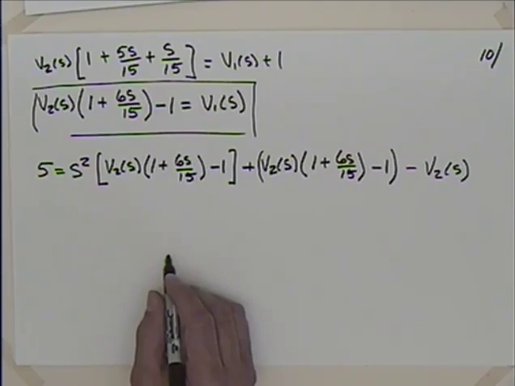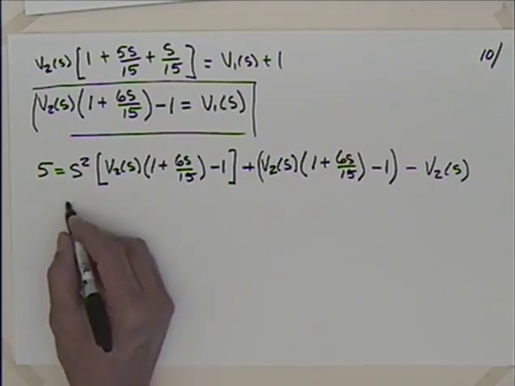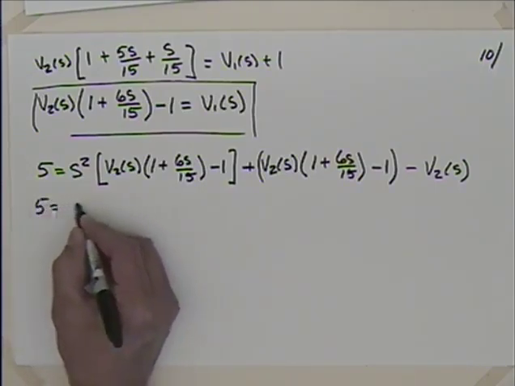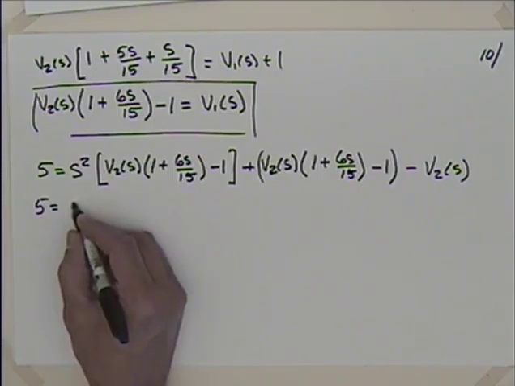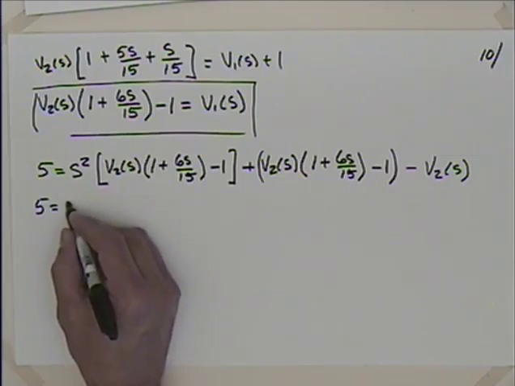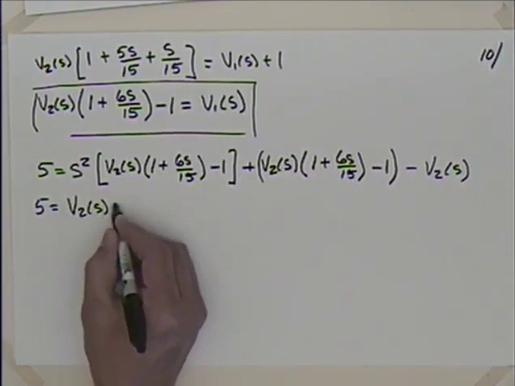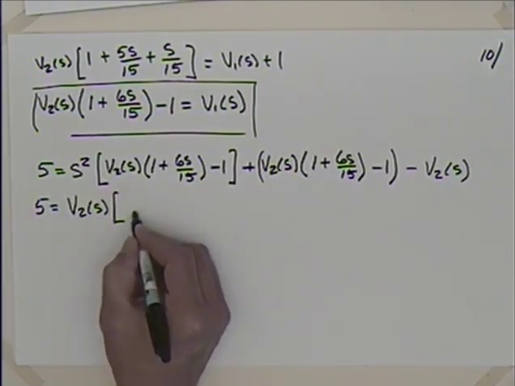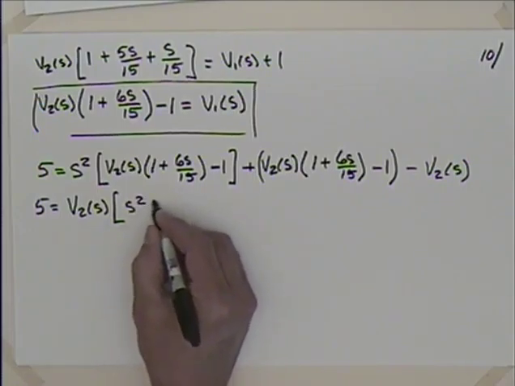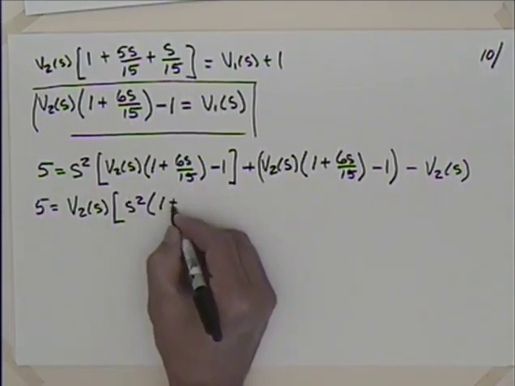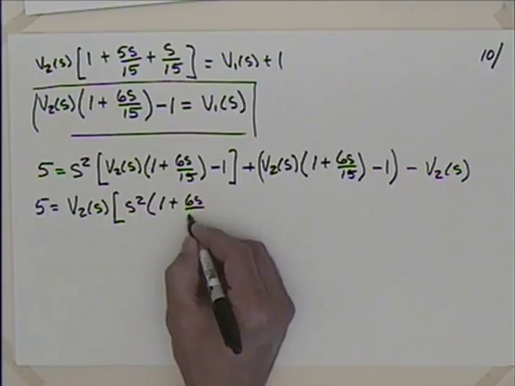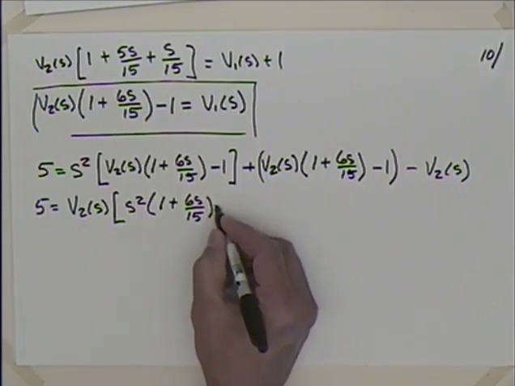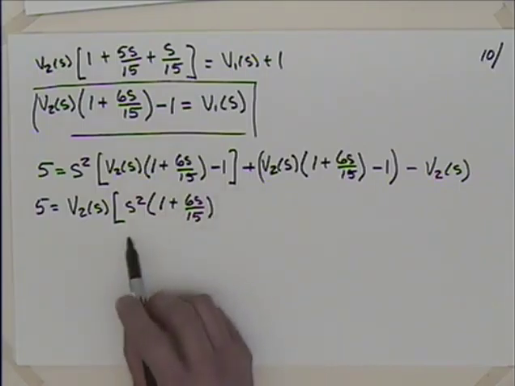So what am I going to have? This turns out to be 5 is equal to, what am I going to get here, V2 in the s domain, and then I'm going to have s squared times 1 plus 6s over 15, and then, is that right?